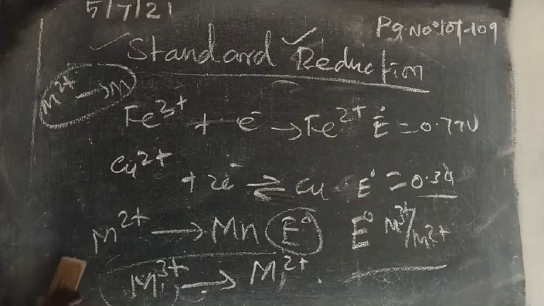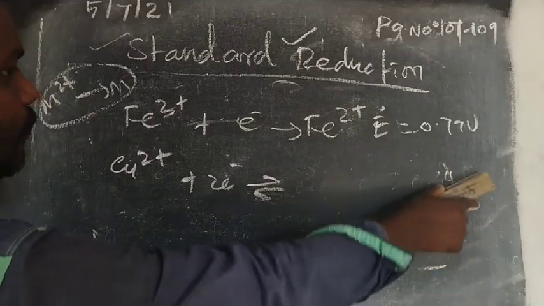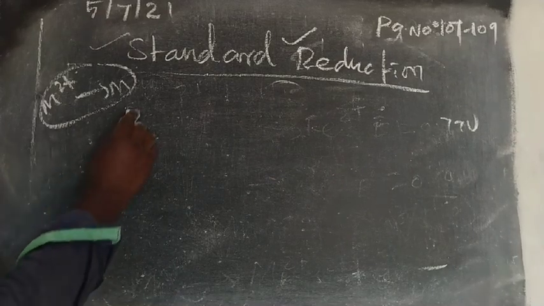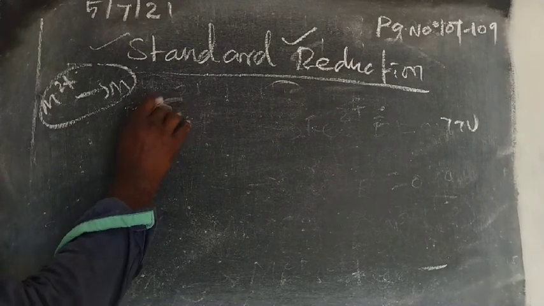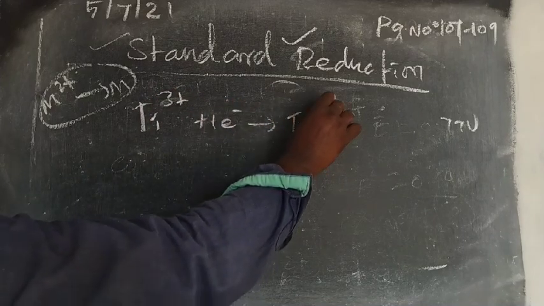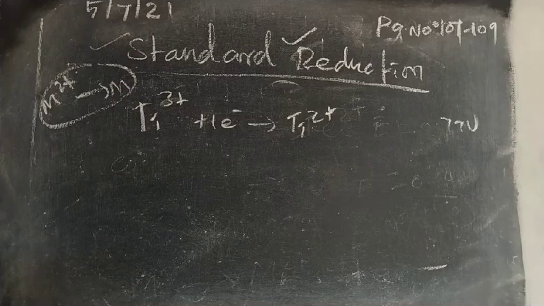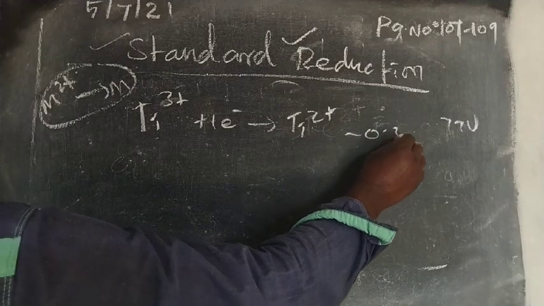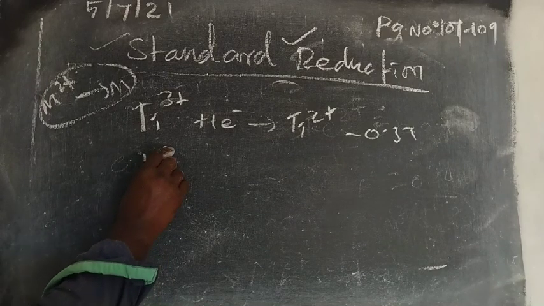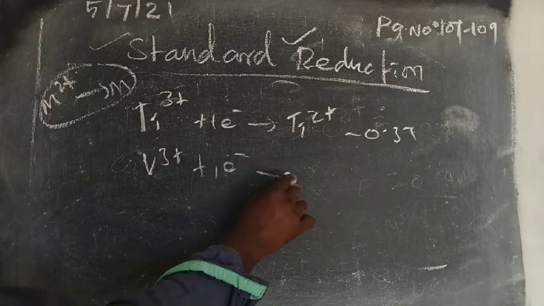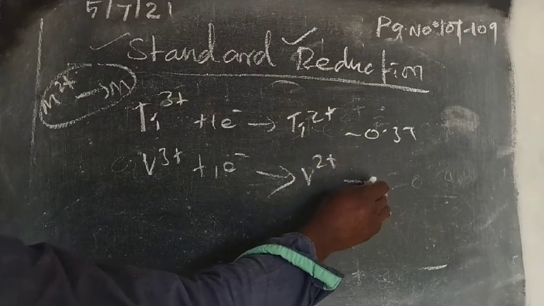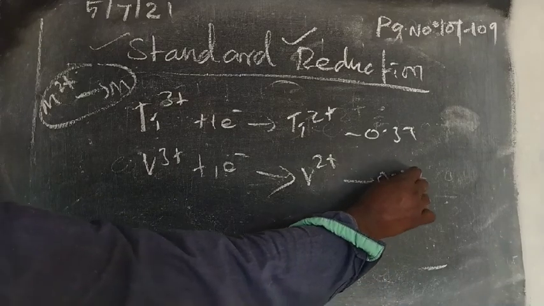Some examples we will see for M3 plus to M2 plus. Titanium 3 plus accepts 1 electron and becomes titanium 2 plus; the reduction potential is minus 0.37. Vanadium 3 plus accepting 1 electron becoming vanadium 2 plus, minus 0.26.